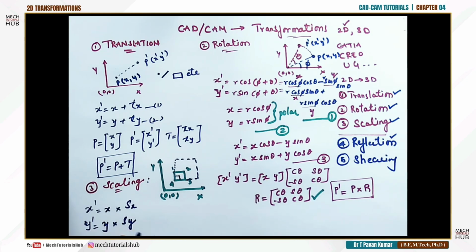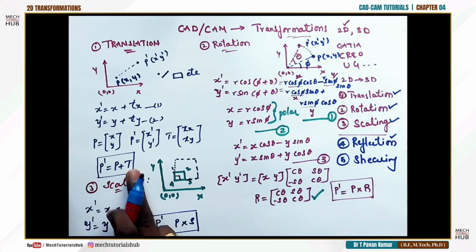Now this can be written in equation form, for example, P prime is equal to P multiplied by S, where capital S is the notation that stands for scaling. Here also it is multiplication. You have to observe one thing: in case of translation, we are adding the coordinates; in case of rotation and scaling, we are multiplying.